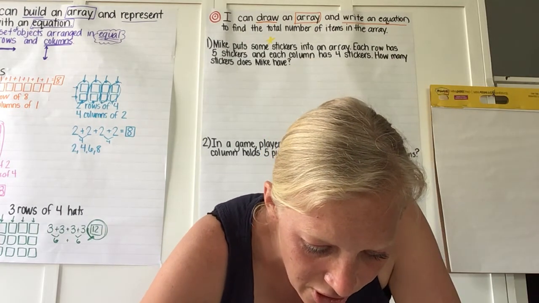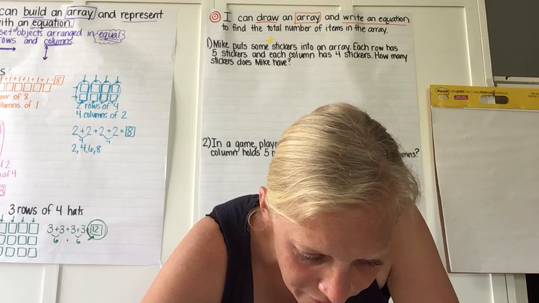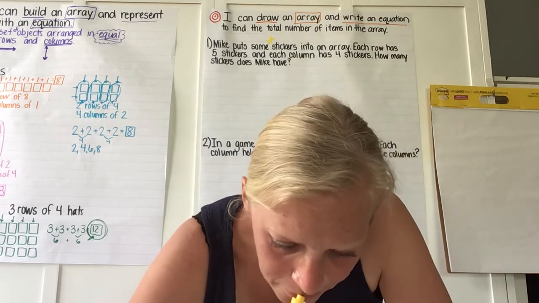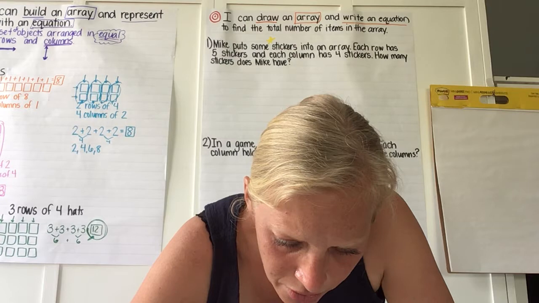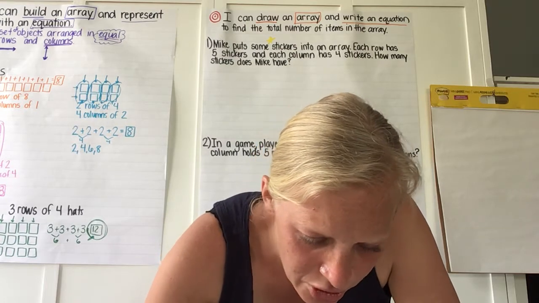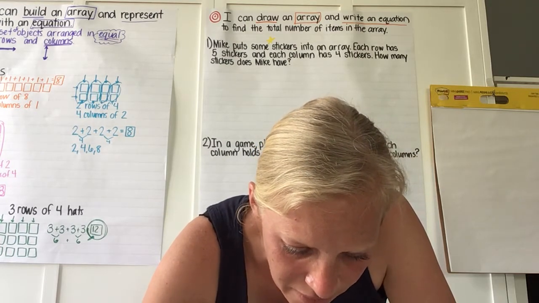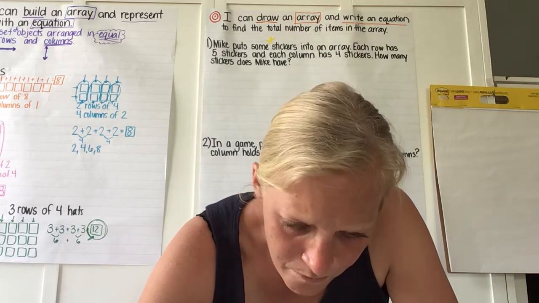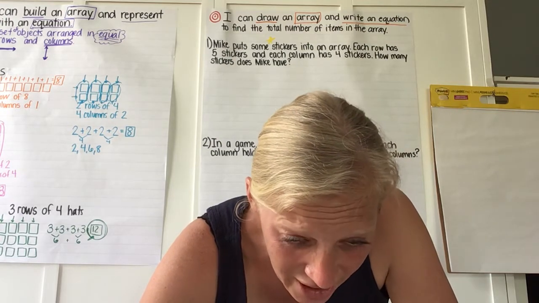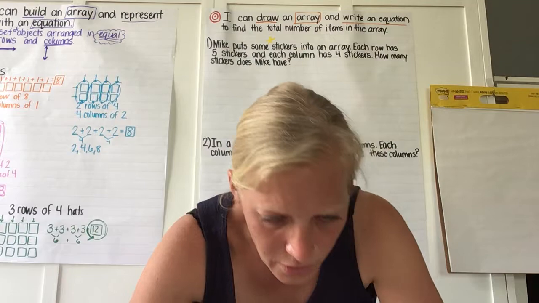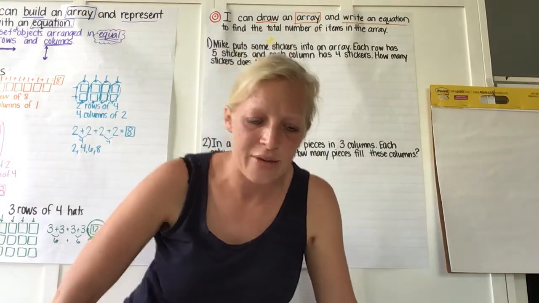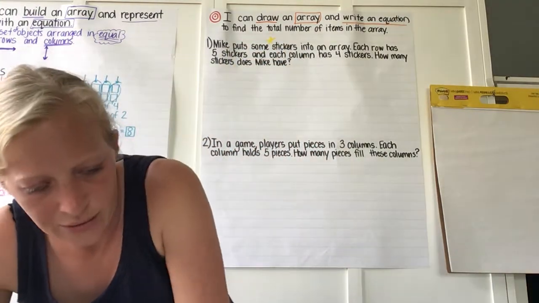How do you know how many he has altogether? So what would your equation be to match that work? So how are you going to find the total? That's a lot of add-ins. Ooh, I can't wait to see what you're doing to add those together. I love your array.